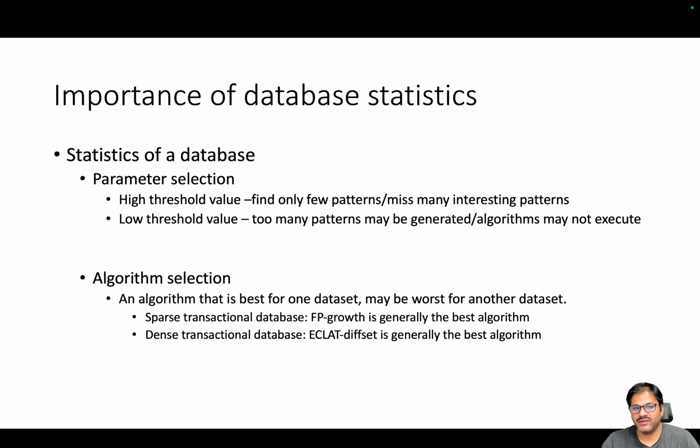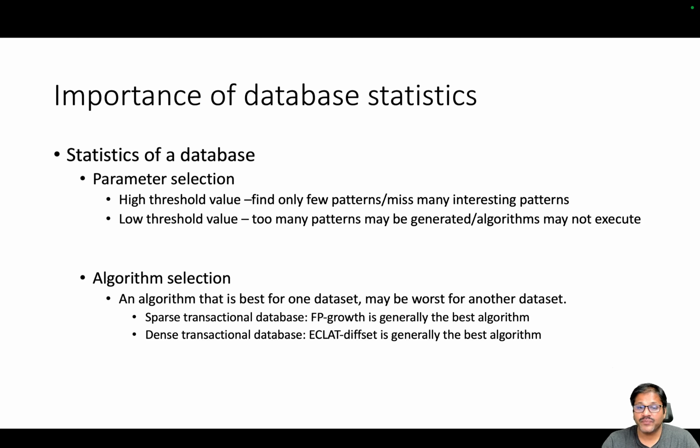That problem exists. Similarly, when we are talking about algorithmic selection, every algorithm has its own strengths and weaknesses. So, an algorithm that is best for one dataset may be worst for another dataset. So, it is important to understand the statistics of a database. For instance, assume your dataset is a sparse dataset.